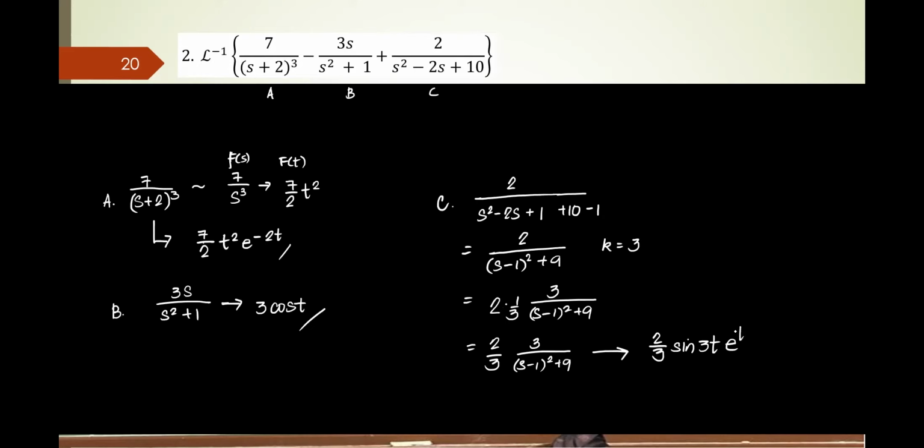Am I correct? So that's the answer. Therefore, the final answer for this is 7/2 t e to the negative 2t plus 3 cosine t plus 2/3 sine of 3t e to the t.